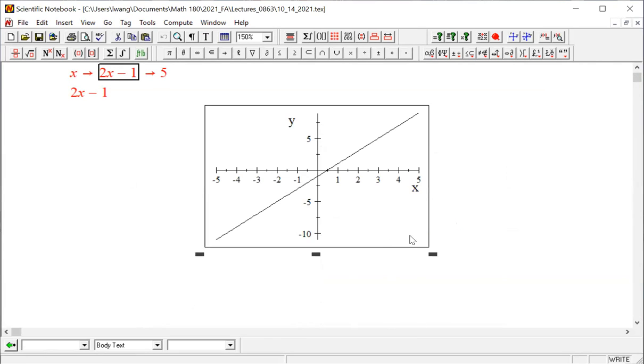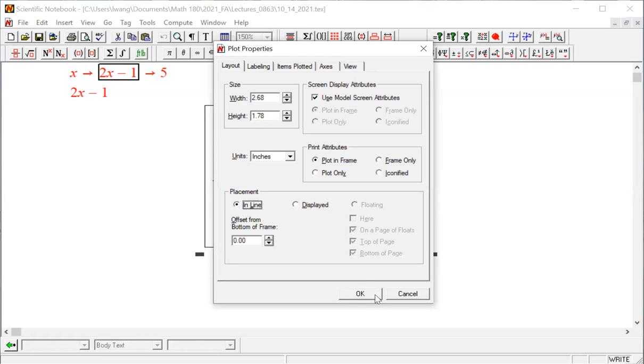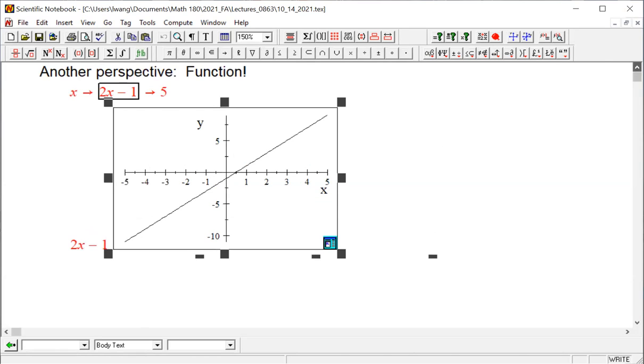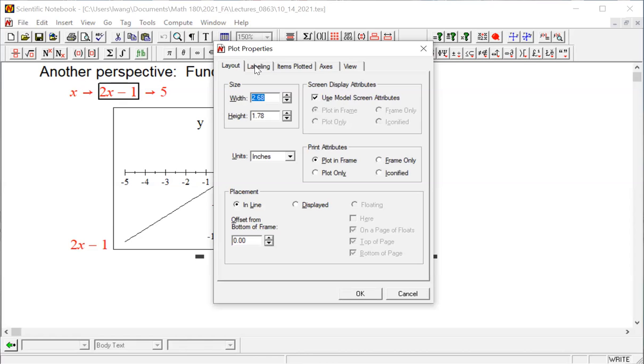Okay? It says, well, this question becomes what? Becomes we're looking for the input and we know the output. And what is the output? The output is the vertical measurement, right? Remember that? The vertical measurement is 5.